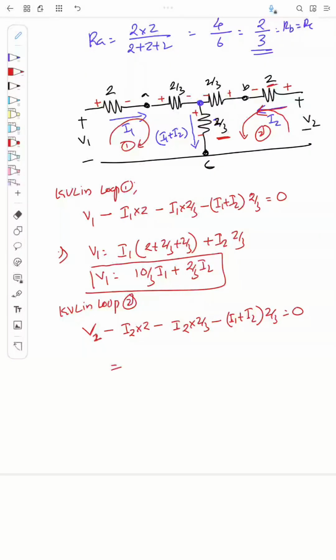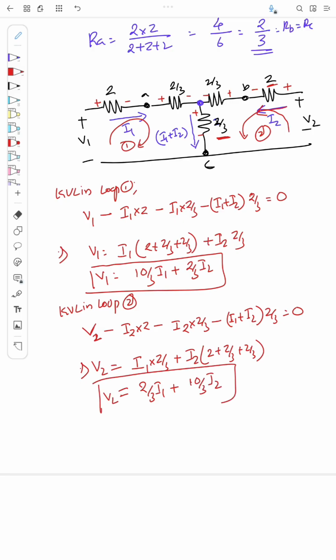So I can write V2 as I1 into 2 by 3 plus I2 into (2 plus 2 by 3 plus 2 by 3), or 2 by 3 I1 plus, the same as previously, 10 by 3 I2.